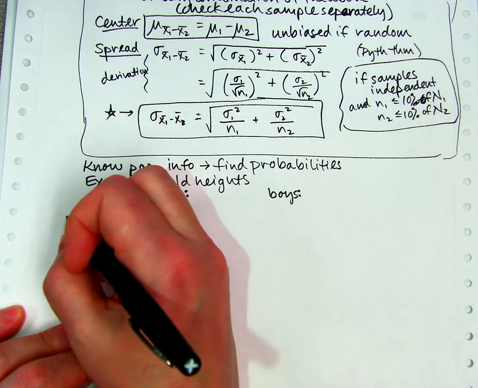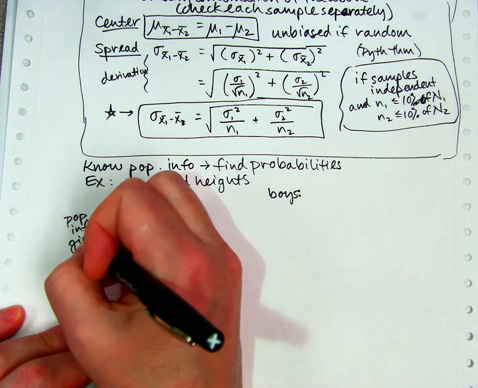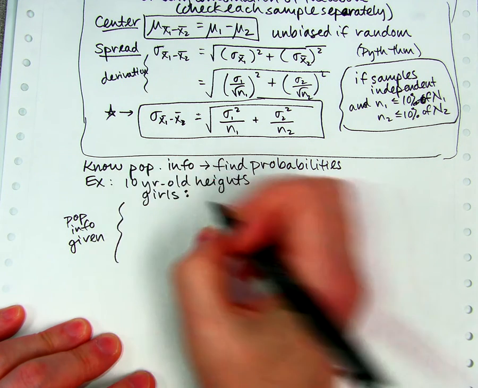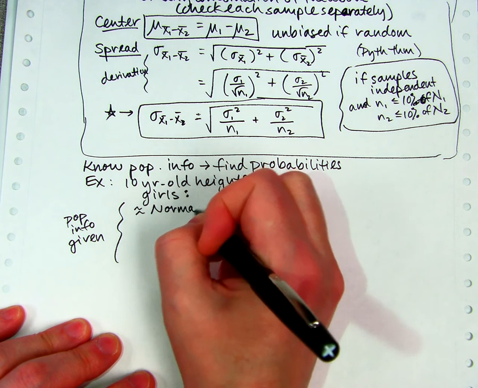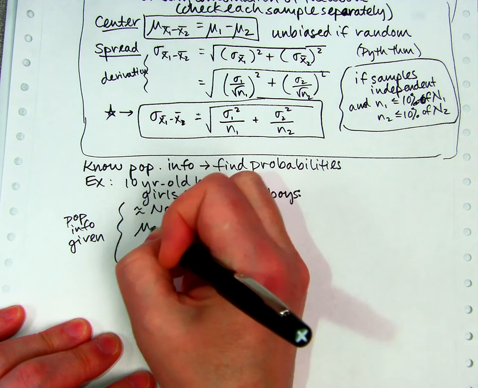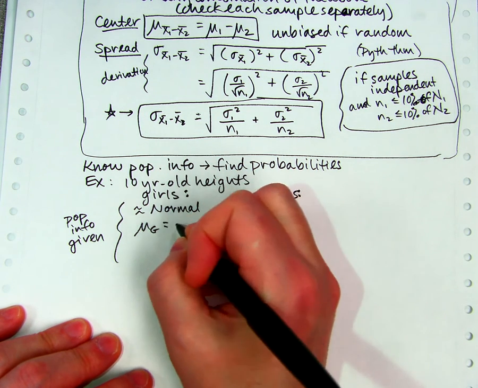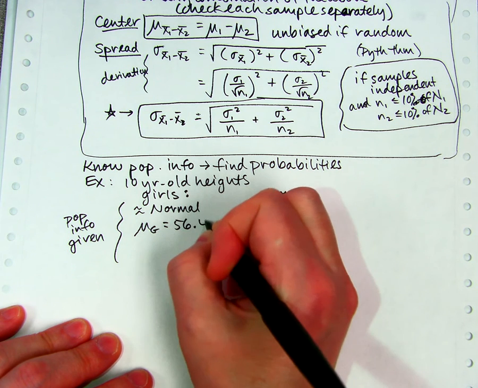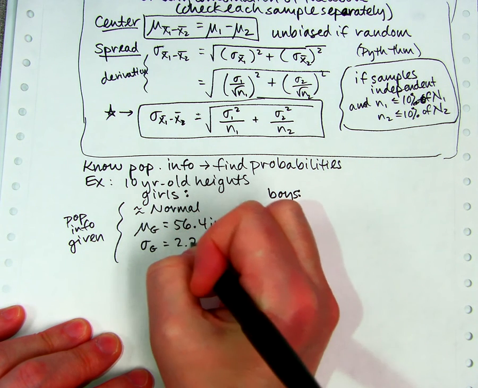Also, the population information here is given. We're given that the girls' heights are approximately normal with a mean for girls. I'm going to call it G instead of 1 because it's easier to keep track of that way. Mean for girls is 56.4 inches, and standard deviation for girls is 2.7 inches.